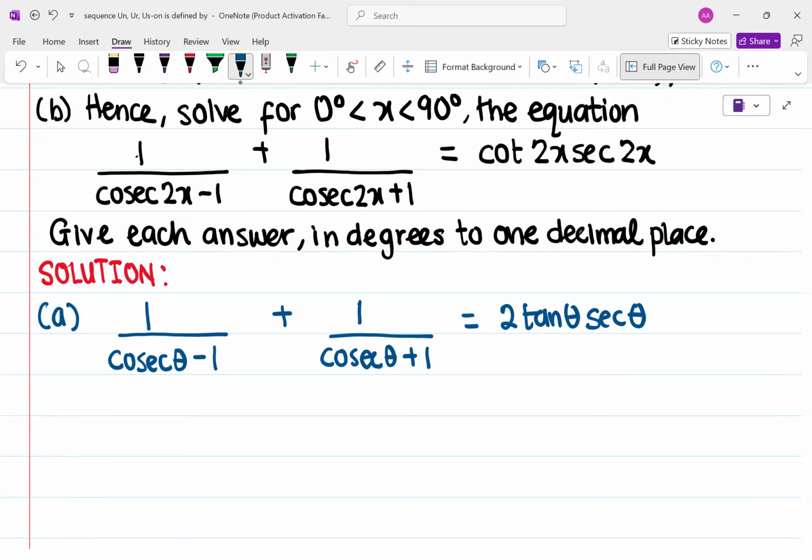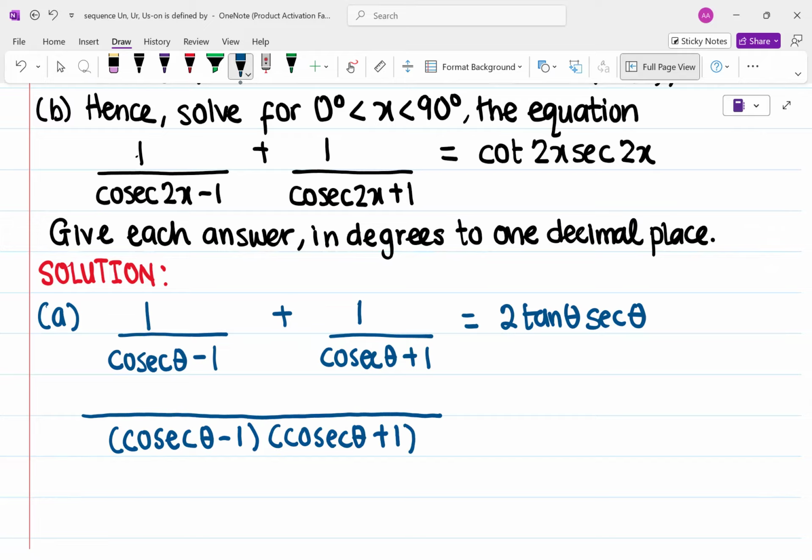We are just to prove that whatever we have on the left-hand side is equal to whatever we have on the right-hand side. For the left-hand side, they are both in fraction form, so we have our LCD. What is our LCD here? Our LCD is cosec theta minus 1 and cosec theta plus 1.